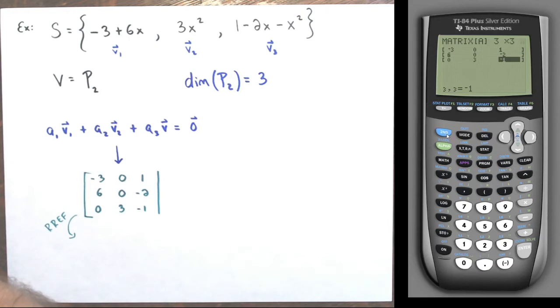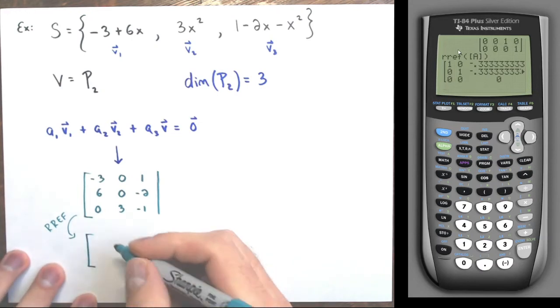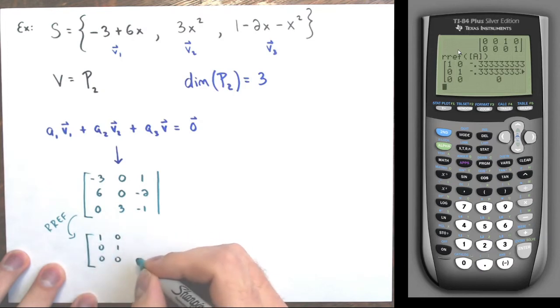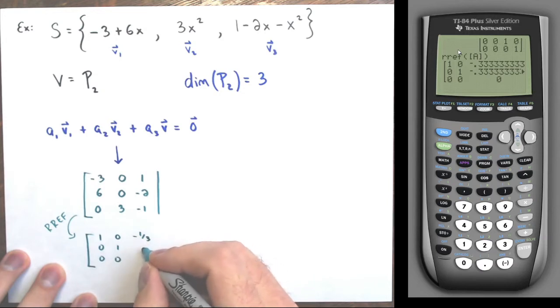Alright, and then the last thing I entered was reduced row echelon form, so I'm just going to re-enter that by going second entry. And you can change this to fractions under the math menu, change to frac, but I know what those are as fractions. So we have here 1, 0, 0, 0, 1, 0, and it looks like negative 1/3, negative 1/3, and 0 again.